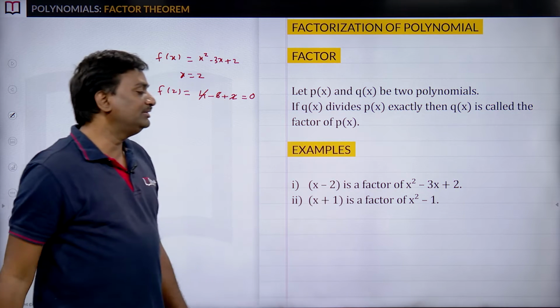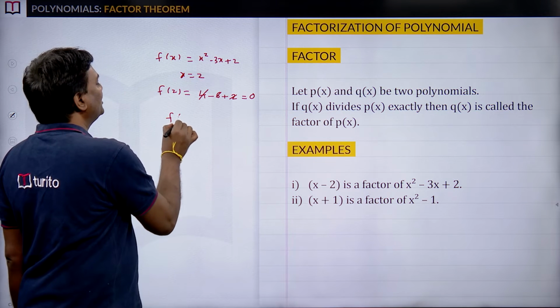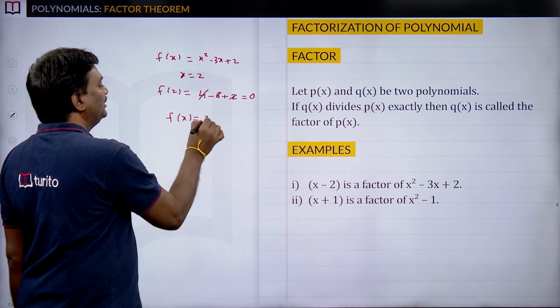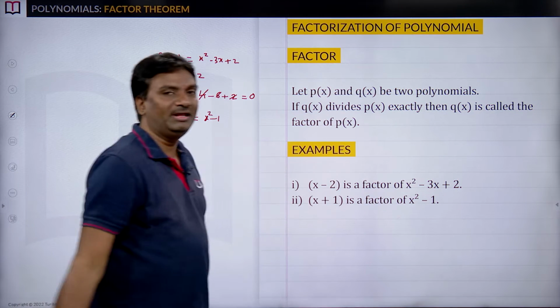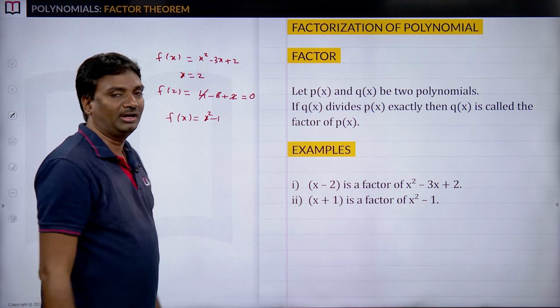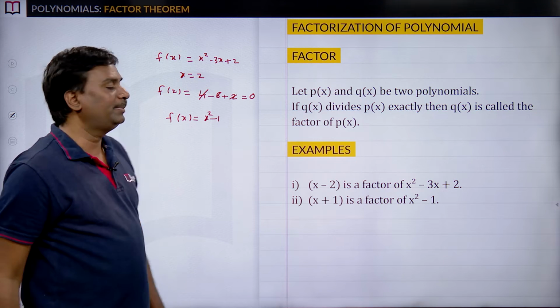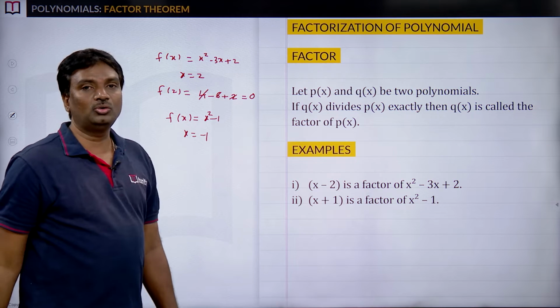Similarly, x plus 1 is a factor of x square minus 1. So, you can take f of x equal to x square minus 1. We are dividing this polynomial x square minus 1 by the linear polynomial x plus 1. X plus 1 means by taking x plus 1 equal to 0, you will get x equal to minus 1.